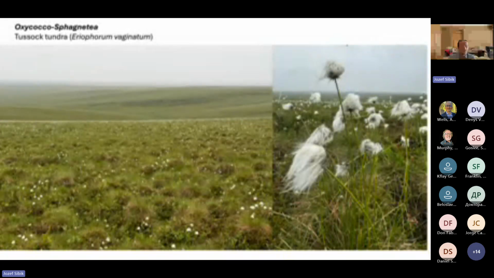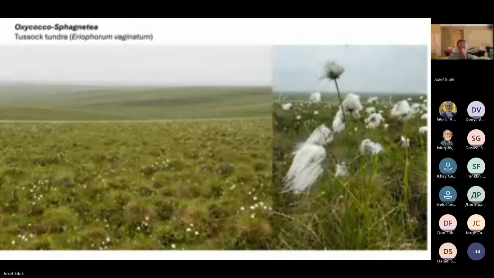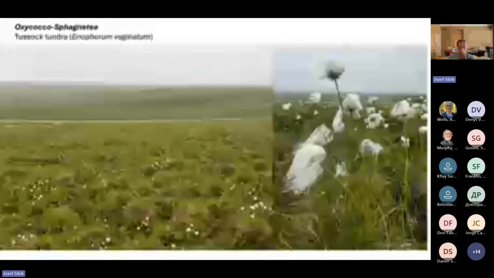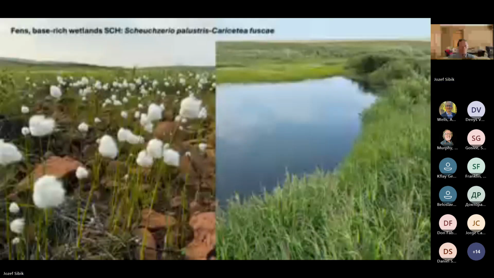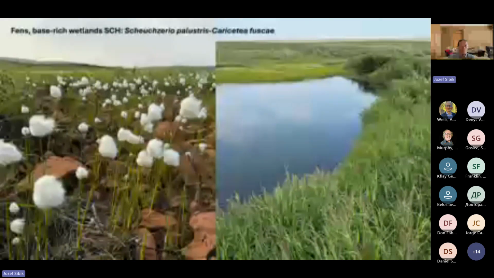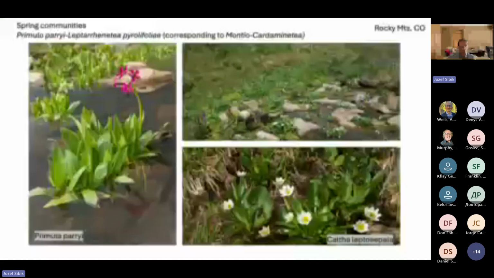And here we have a typical look at tussock tundra with Eriophorum vaginatum from around the Toolik Lake area in northern Alaska. Here is an example of fen and base-rich wetlands of Scheuchzerio palustris-Caricetea fuscae, again around Toolik Lake.